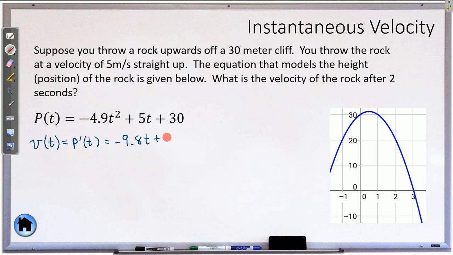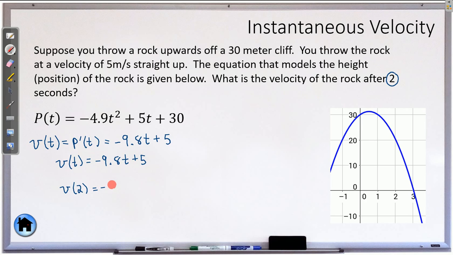The derivative of 5t is just 5. And then the derivative of 30 is 0, so we don't need it. And so now we have an equation that models the velocity of this rock that we threw. Negative 9.8t plus 5. And we want the velocity of the rock after 2 seconds. So we have to plug in 2.